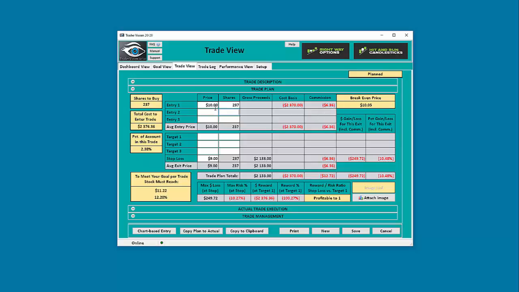In other words, the trade would break even if it went up a nickel. However, to make our trade goal, based on the goals we set earlier, the trade must reach $11.22, and that's a 12.2% gain. We would then enter the targets we have for the trade. For example, let's say $11.50.